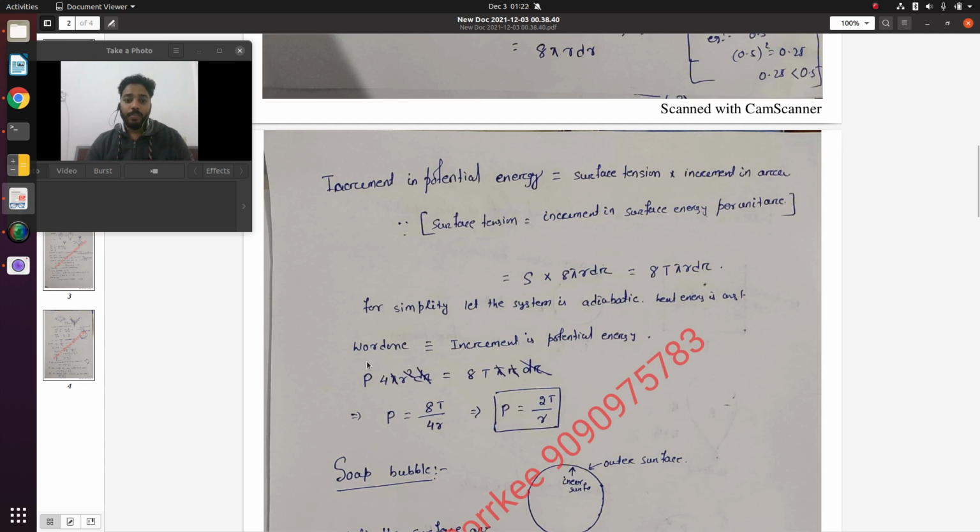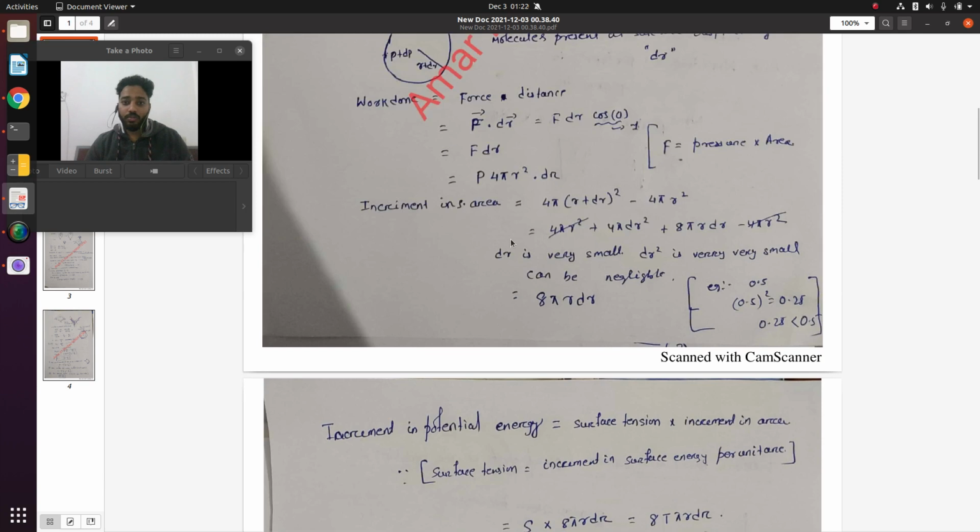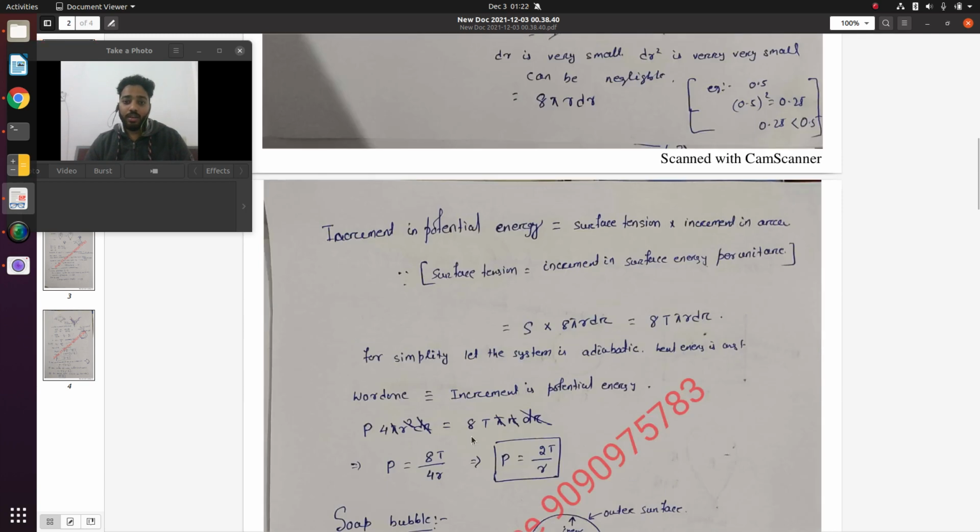So what is the value of work done? The value of work done is P into 4 pi r square dr, which we derived before, equal to the increment in potential energy, 8 T pi r dr.